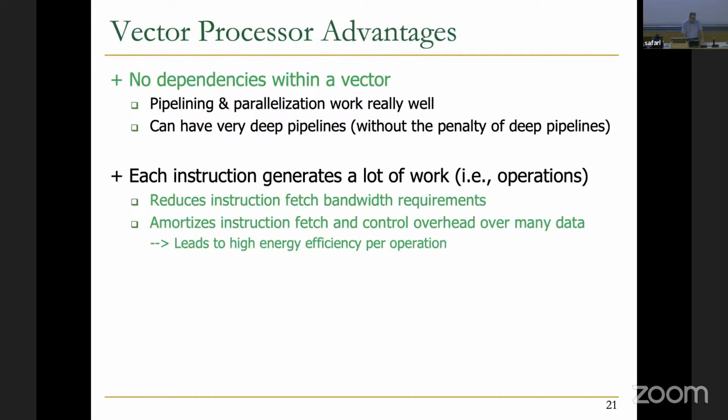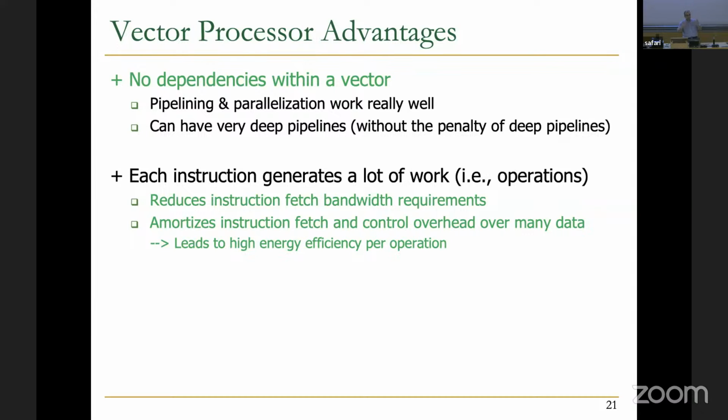Each instruction generates a lot of work, as we also discussed. So you fetch one instruction, you decode, but then you operate that instruction on millions of data elements. In some cases, that might not be millions of data elements; it can be a few elements. And in those applications, your benefit is going to be much less.